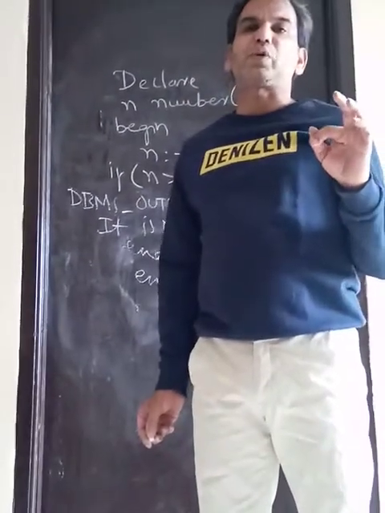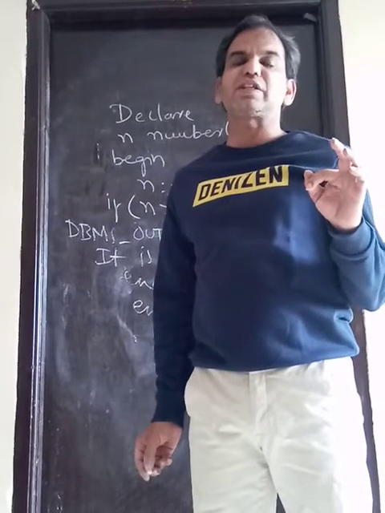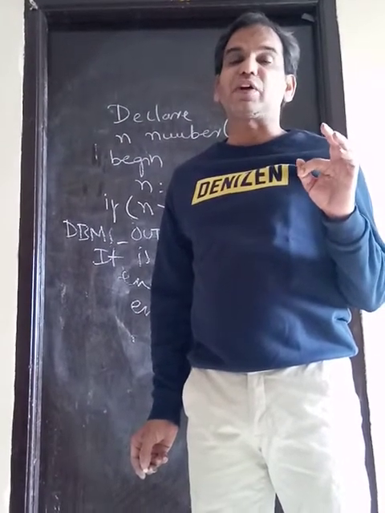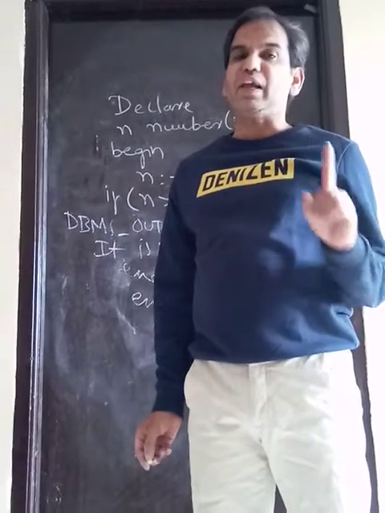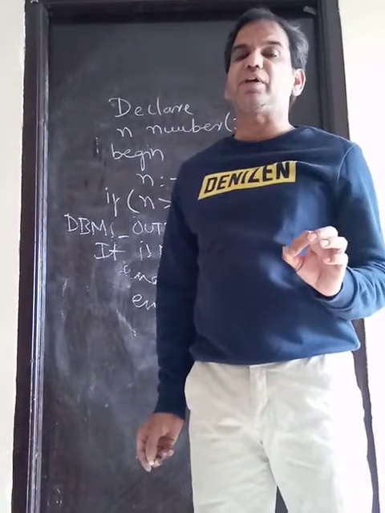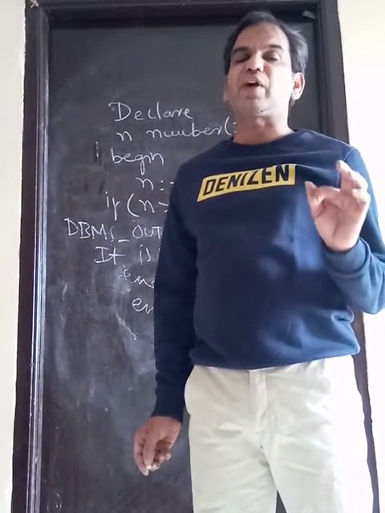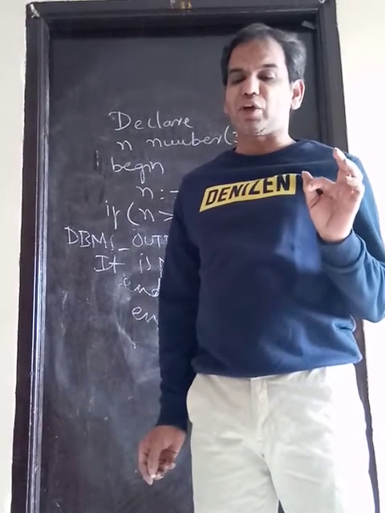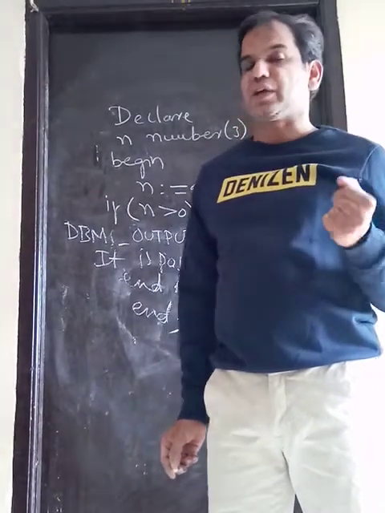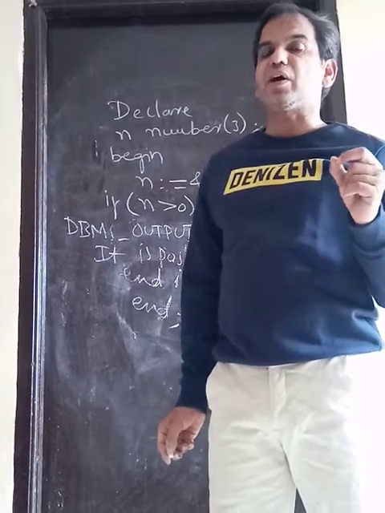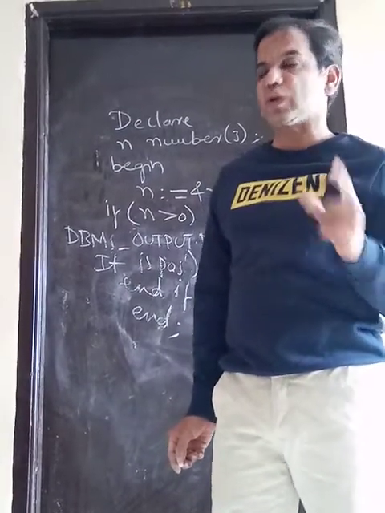Now we'll see in if else we'll perform. Write a program to accept a number, determine whether it is even number or odd number. In C language we are using mod operator, but in PLSQL a mod function is there, a single-row function mod. We'll see.